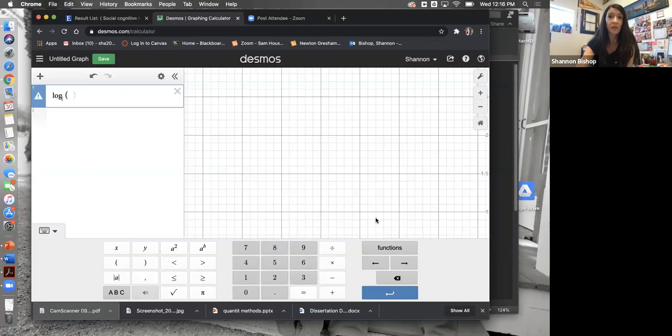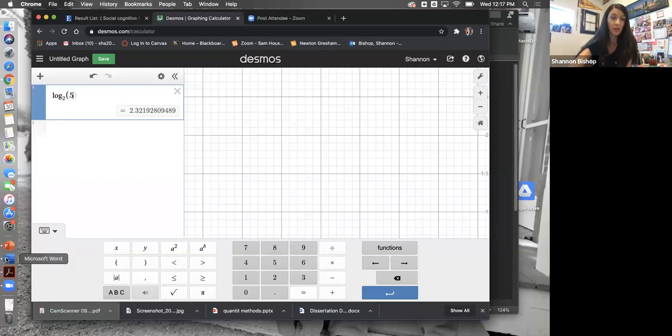And this is where I have control. So what's the base of this log that you and I are trying to solve? Well, it's base 2. What's the result that we're trying to make? 5. And hey, look, Desmos says the answer is 2.32, which makes sense, right? Because we said the answer was going to be somewhere between 2 and 3. 2 squared is 4, 2 cubed is 8. So it has to be somewhere between 2 and 3. And it is, it's 2.32.